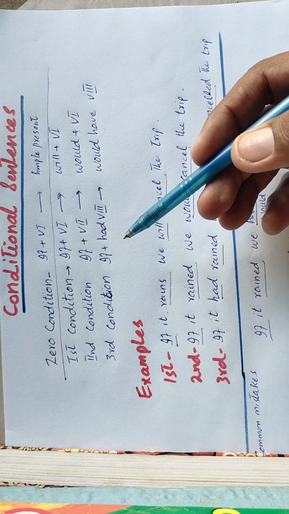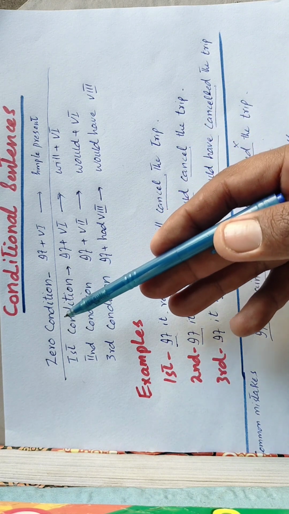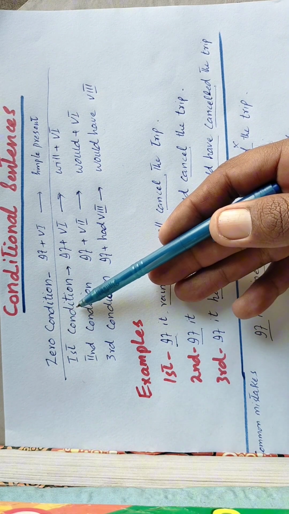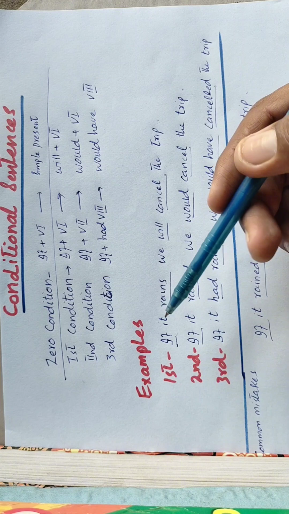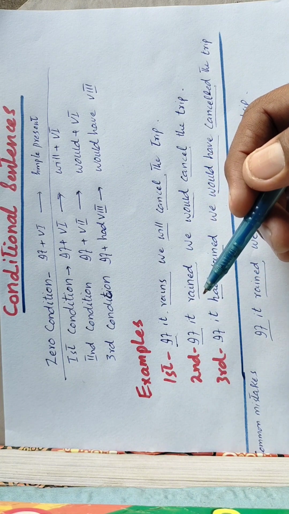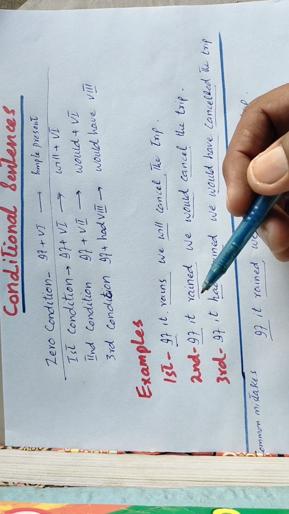Basically, there are four types of condition: zero condition, first condition, second condition, and third condition. In conditional sentences, there are two parts of a sentence, or two clauses.